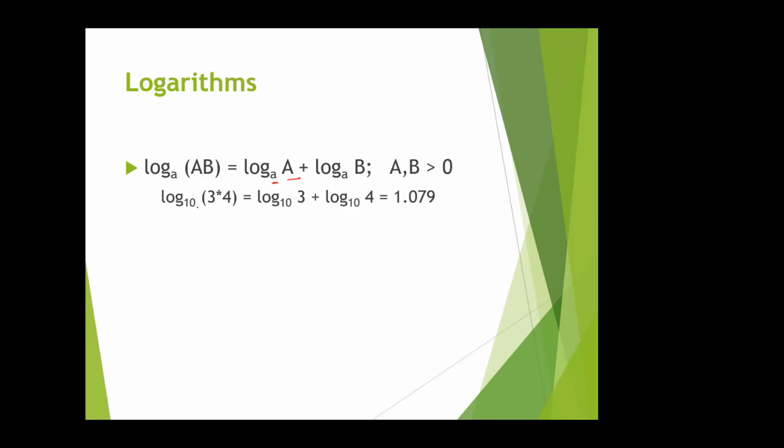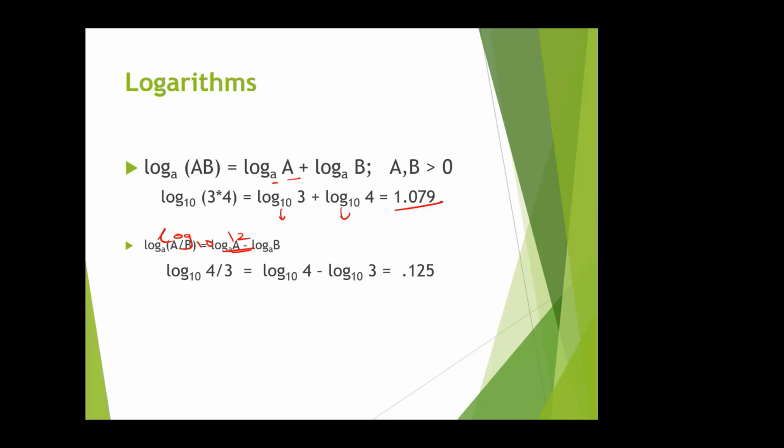If we are calculating log base 10 of 3 multiplied by 4, we can simplify it as log of 3 plus log of 4. If you calculate this value, you will realize that it is the same value as if we calculate log of 12. So this value and this value match. We might use this in some of the calculations.